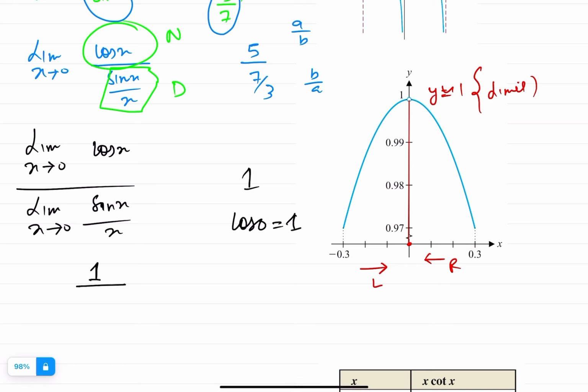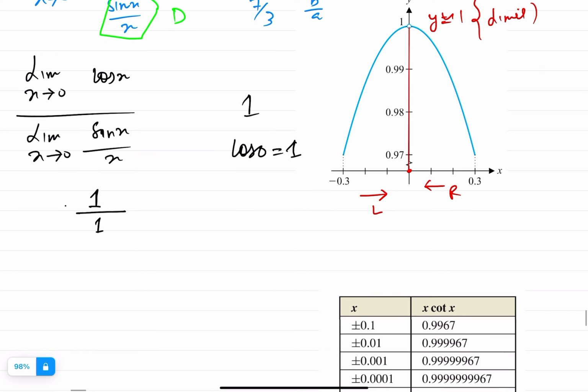And we have evaluated the limit for sin x divided by x when x is approaching 0 in the previous video, with the help of a table and graph. So the limit for the bottom function is equal to 1. So the limit for this function will be equal to 1.